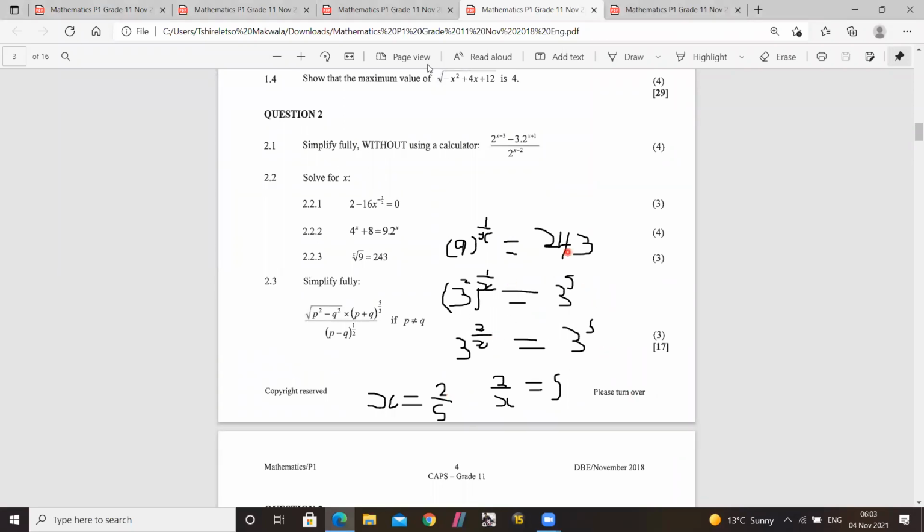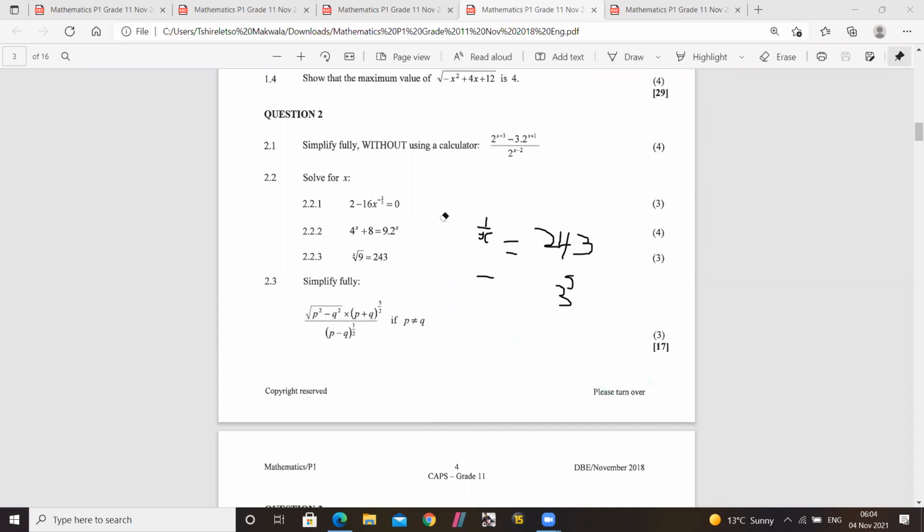So that's it for solving for x. Then you also have a simplify fully question here, which you essentially do the same way. Let me illustrate with this one. We're going to change this third into an exponent.